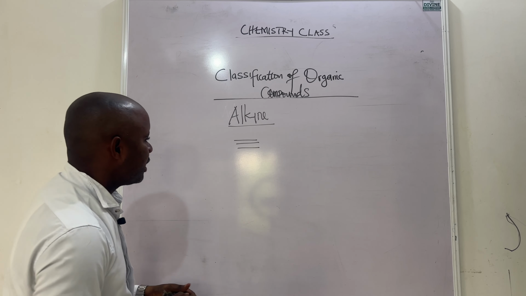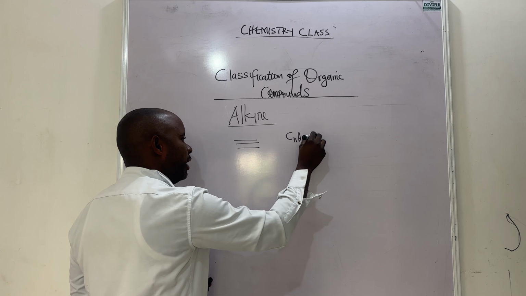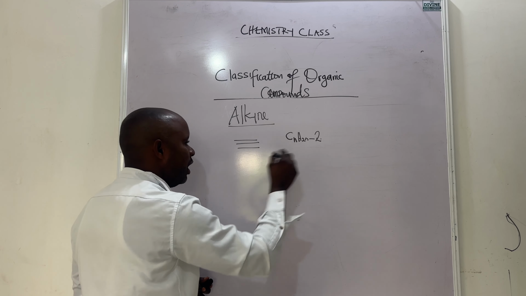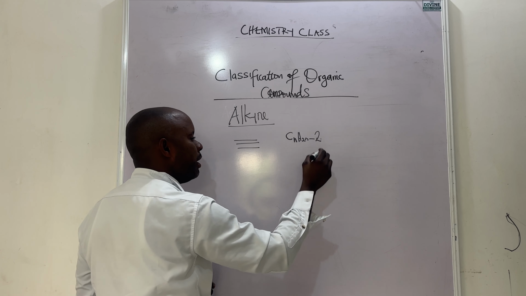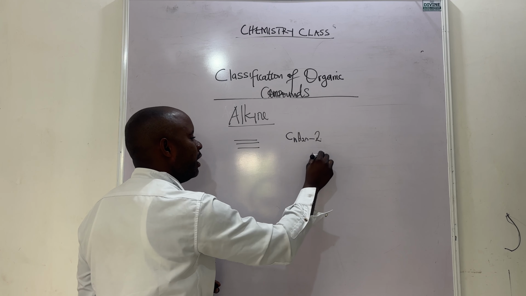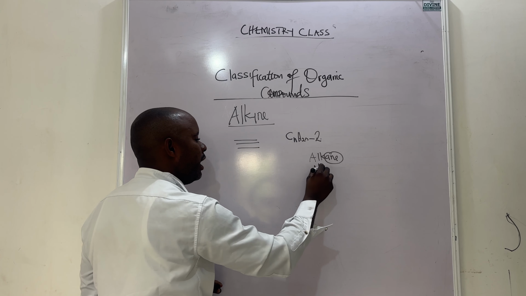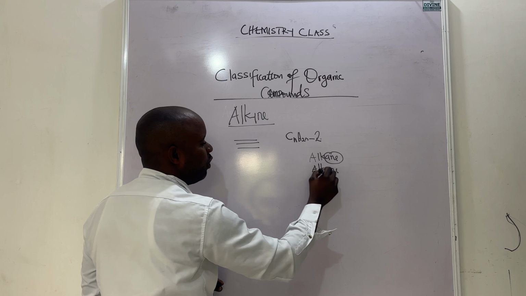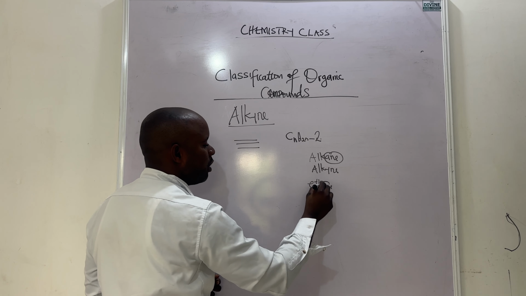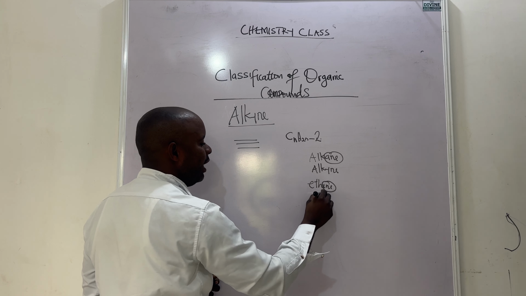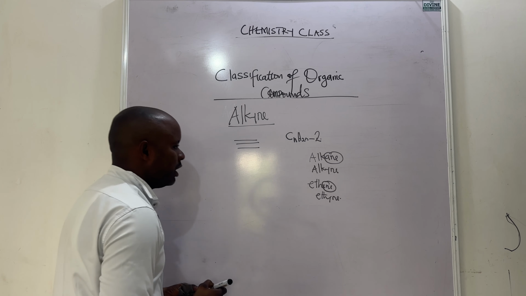So it is given by the formula CnH2n minus 2. Each of these members is named from the parent name of the alkane: the -ane is replaced by -yne. For instance, we are going to replace ethane by ethyne using -yne. It's a very simple analogy.